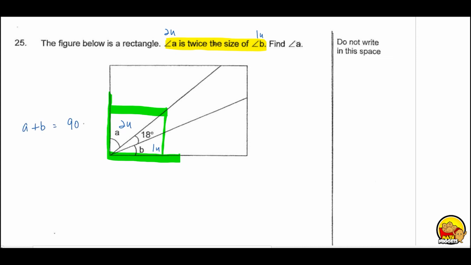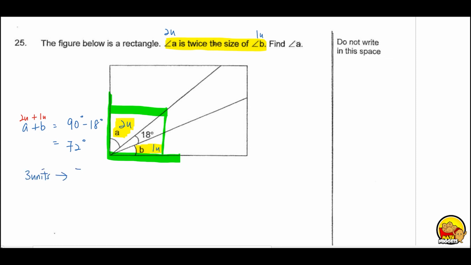Okay, so I will be able to find out angle A plus B. That will be 90 degrees minus 18 degrees, which is 72 degrees. And we already know from the clue that A is 2 units, B is 1 unit, meaning 72 is actually 3 units.